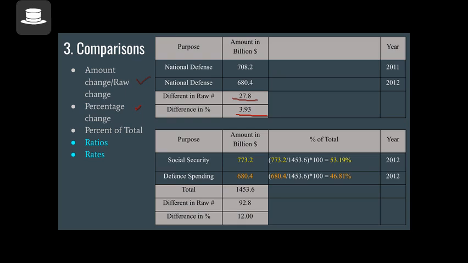Let's talk about percent total though. Now, this is usually done when you are comparing numbers from the same year, not across different years, but the same year for different categories of expenditure.